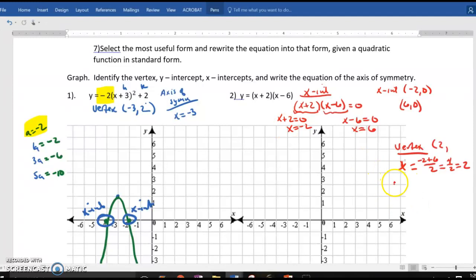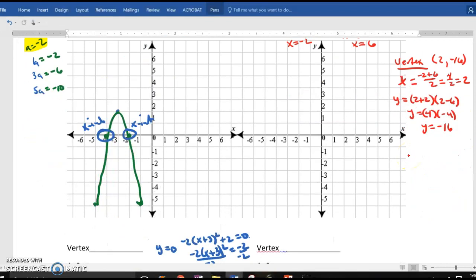So y equals 2 plus 2 times 2 minus 6. So 4 times negative 4 gives you negative 16. So the y-coordinate of your vertex would be negative 16. So that to me is the easiest way.